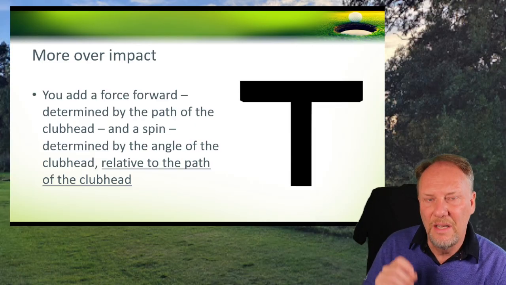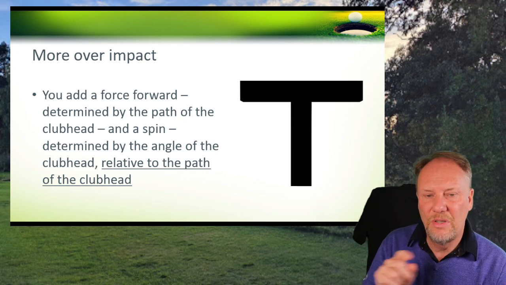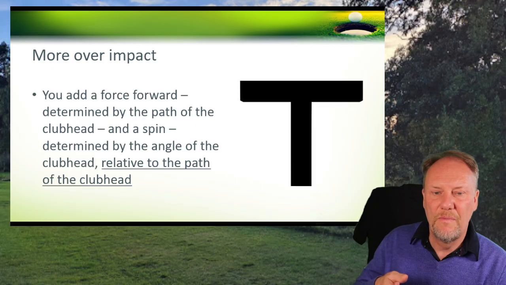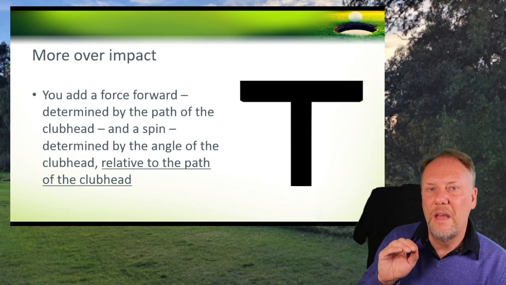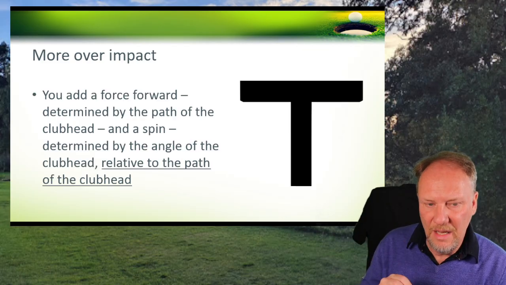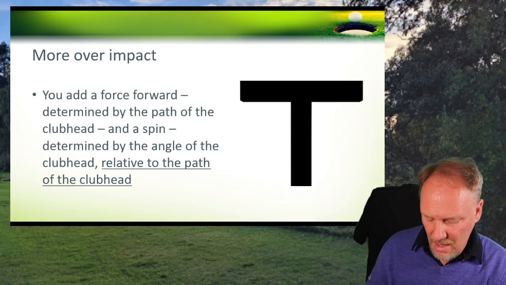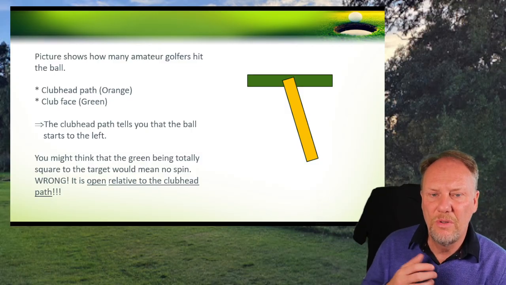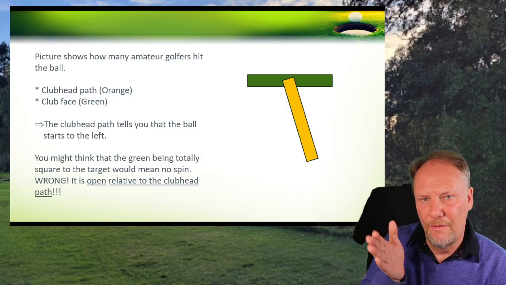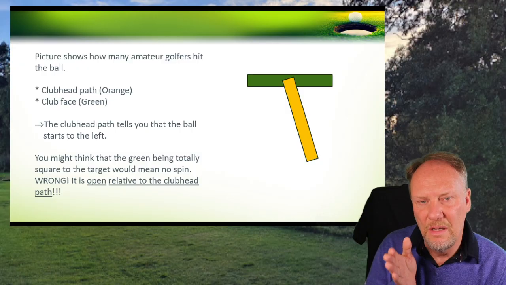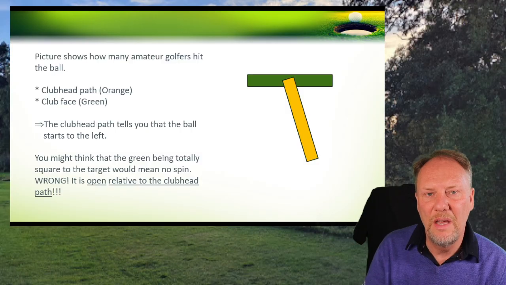But please mind the key part here. The angle between the vertical and horizontal part of the T is what is key. It's relative to the path of the club head. Normally, when you talk to amateurs, they think that if you have the club face square to the target, that would be a good thing.